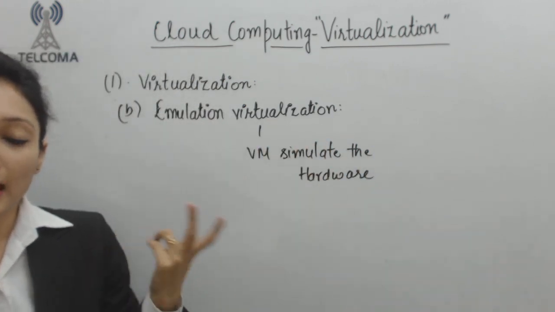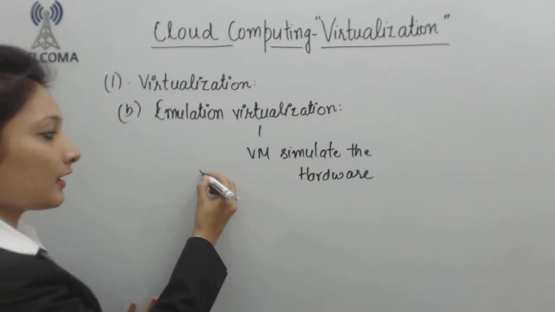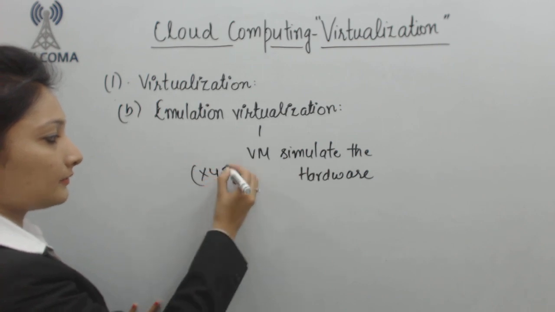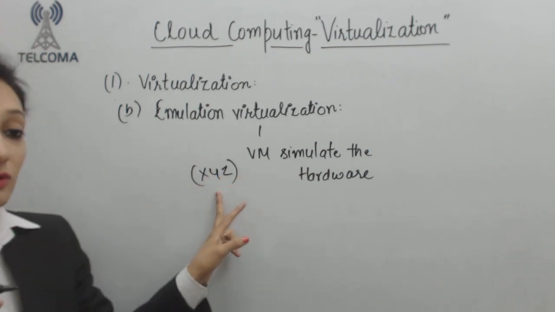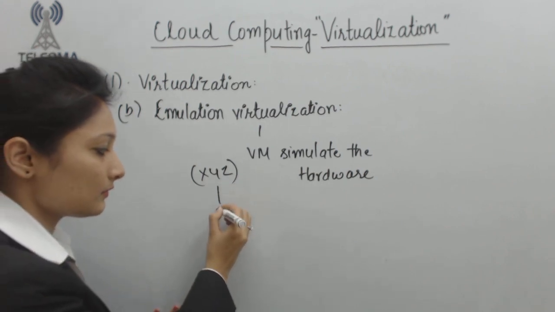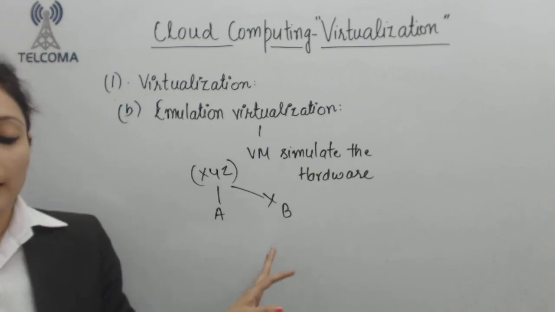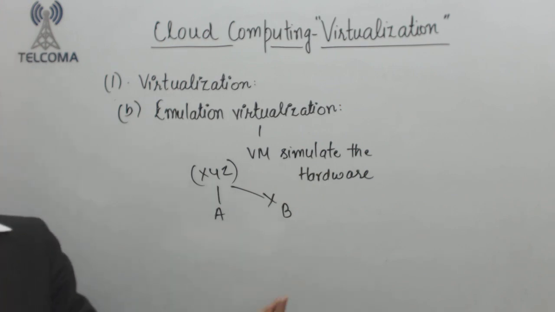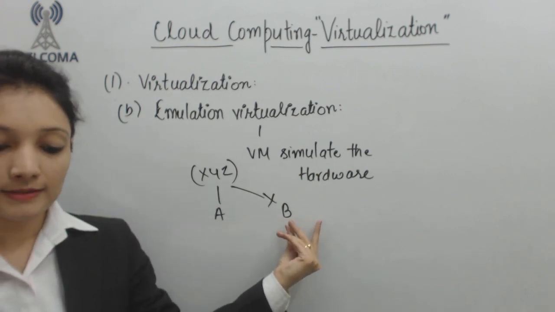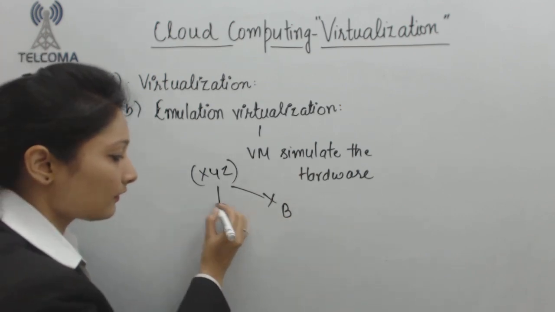For example, we have a piece of software, XYZ. This software runs on system A but not on system B. So what we can do is make instance B emulate the working of A.